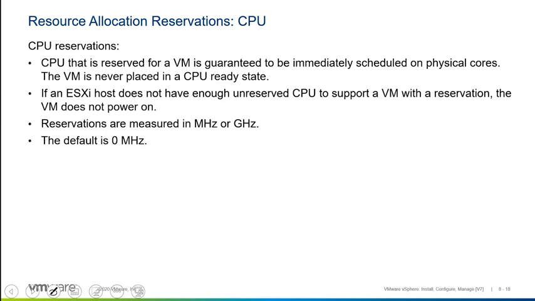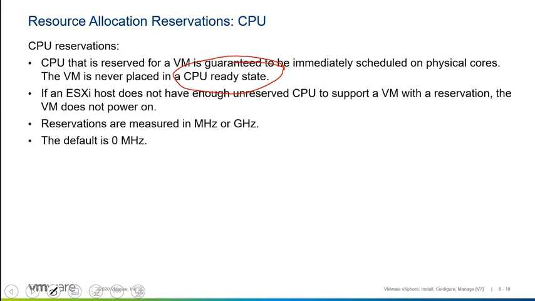We're introducing a new term here called CPU ready, and this is a very important term. CPU ready says that a virtual machine is ready to schedule a CPU thread, but ESXi doesn't have an available core on which to do so.